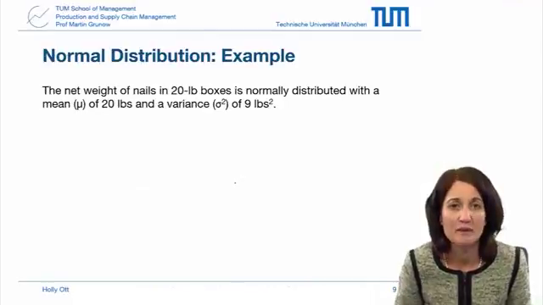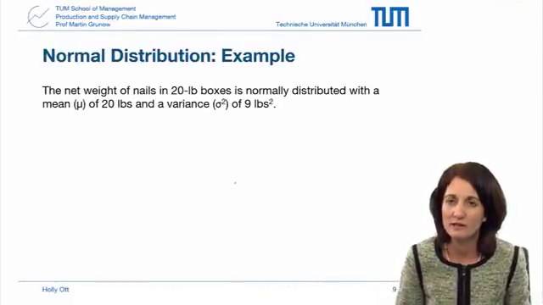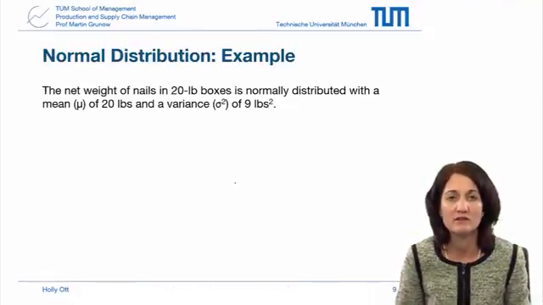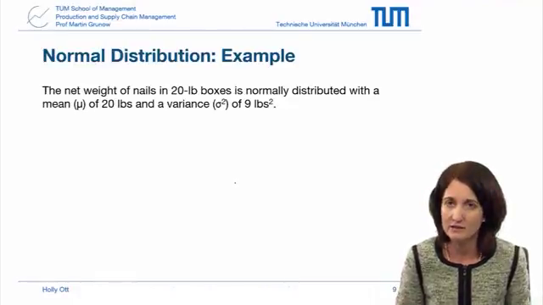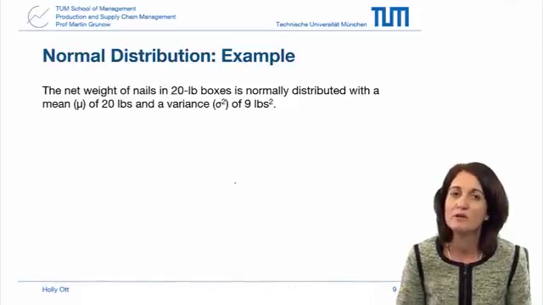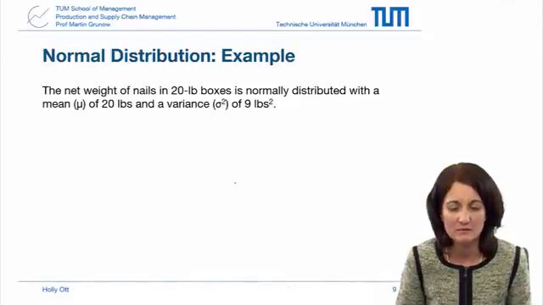Now, let's do an example. Because often we are interested in finding the proportion of our population, for example, our tabletop widths, that lies in a given interval. So let's say the net weight of nails in 20-pound boxes is normally distributed with a mean of 20 pounds and a variance of 9 pounds squared per box.